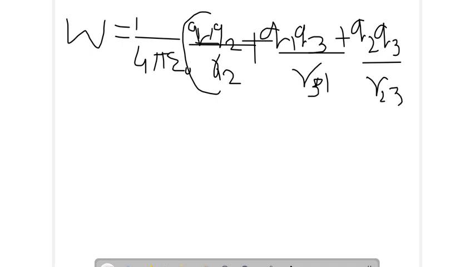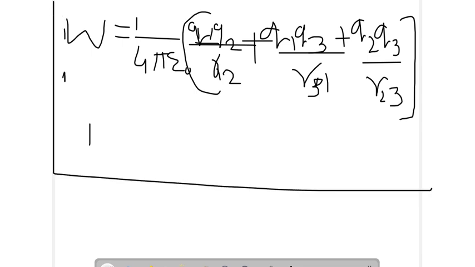This is the equation for work done in bringing the three point charges from infinity to points A, B, C. This work done is called the electrostatic potential energy of a system of three point charges.